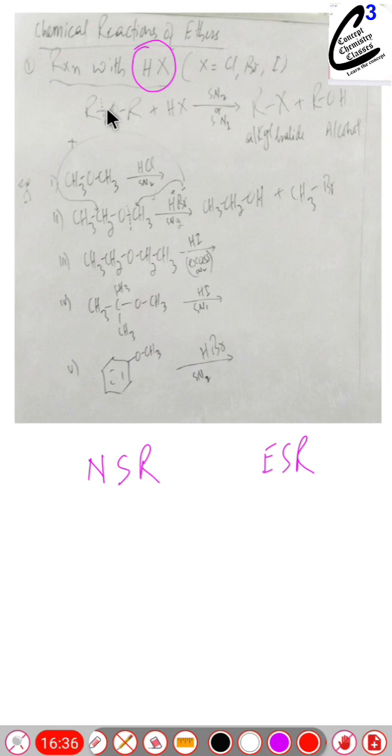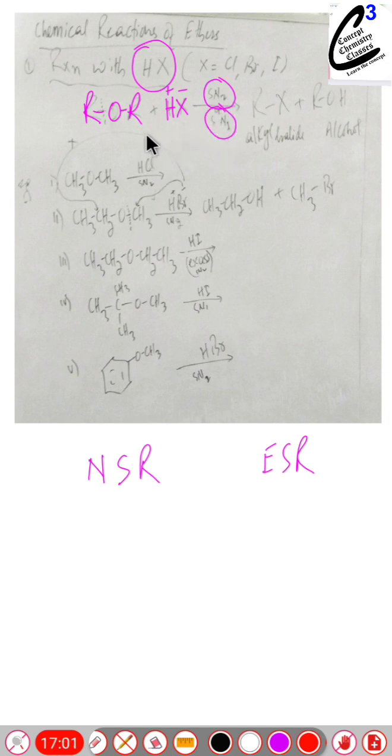Okay, so the reaction goes like this. This is our alkyl group, oxygen, and this is another alkyl group, and if it is reacted with HX, X minus can attack this carbon atom to which oxygen is attached in either SN1 or SN2 way.